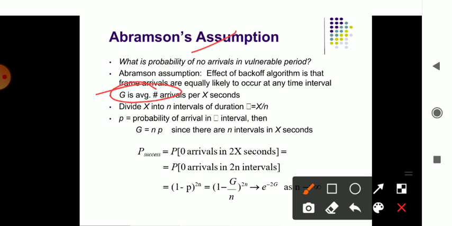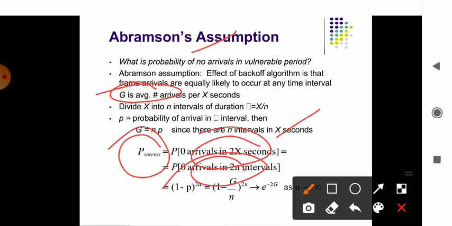So G is equal to NP. N is the number of intervals, okay, and P is your probability of success of arrival of your data or frames. And here, since there are n number of intervals and x number of seconds, the probability of success will depend on your number of seconds and number of intervals.